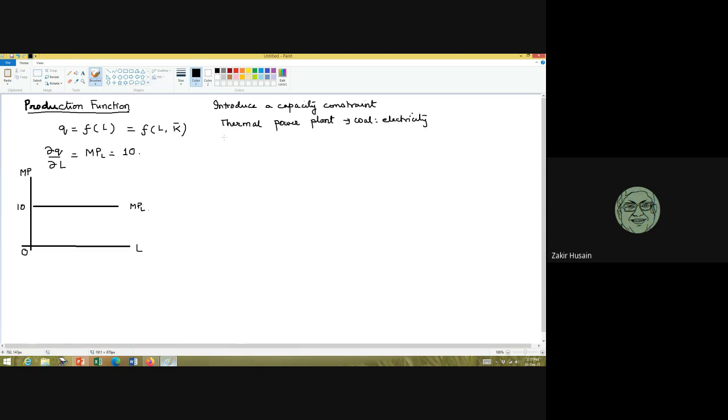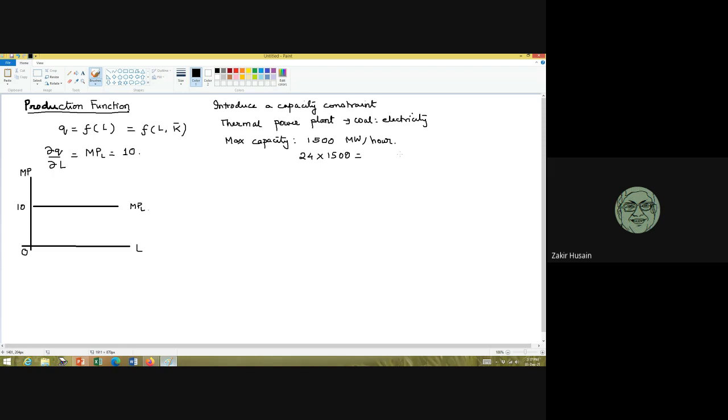And let us suppose that the maximum capacity, the maximum electricity that can be generated, is 1,500 megawatts per hour. Okay, so in a 24-hour period, how much can be generated?